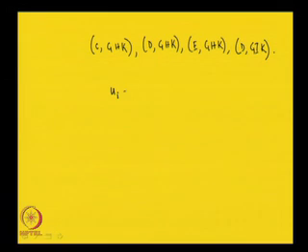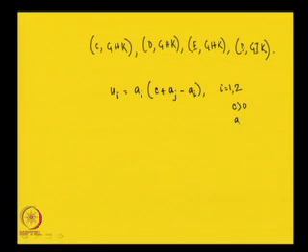And let us write down the payoff functions, ai multiplied by (c plus aj minus ai). c is positive, ai, aj are also positive.